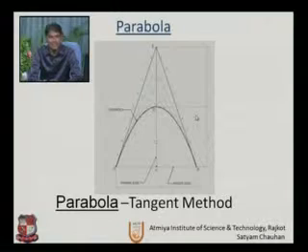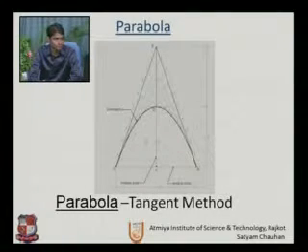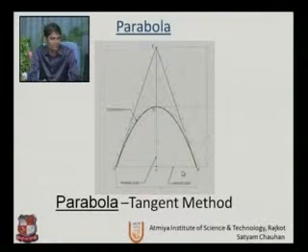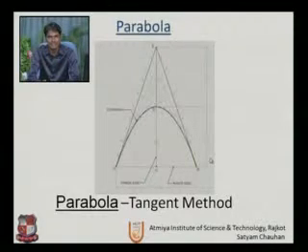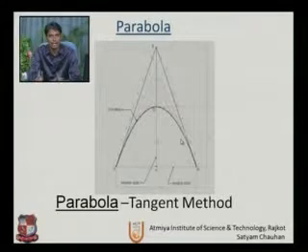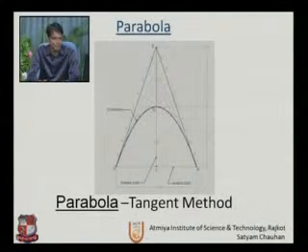Another method is the tangent method. So here the horizontal AB is a major axis given as 140 mm, and minor axis is given as 100 mm. So how to create a parabola by the tangent method? Let us learn.